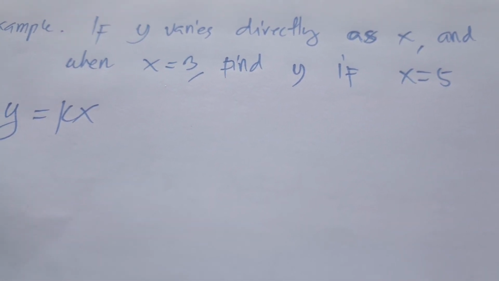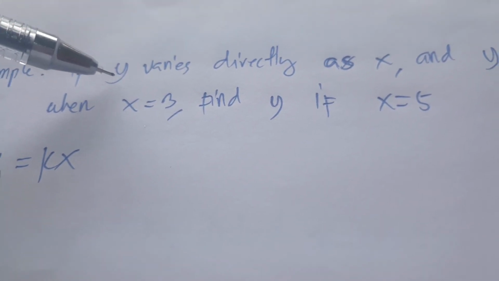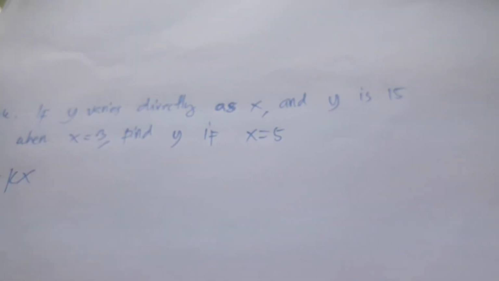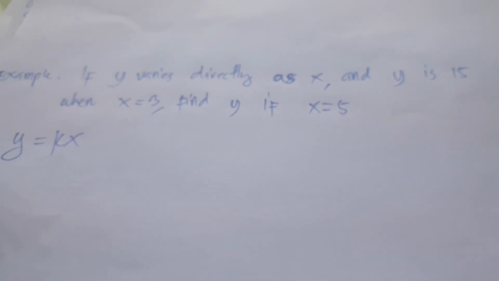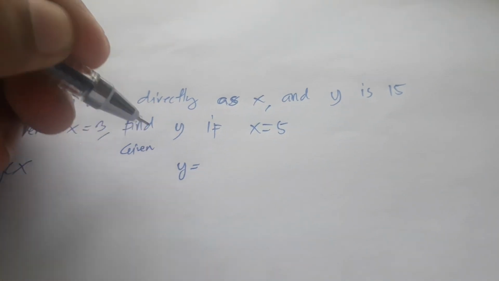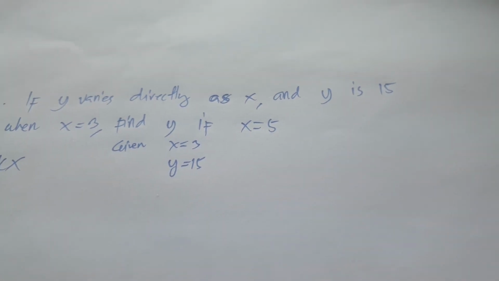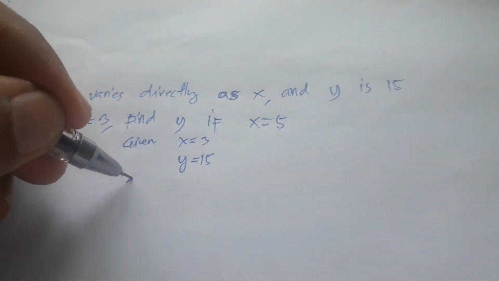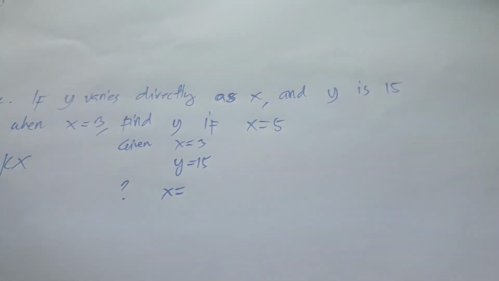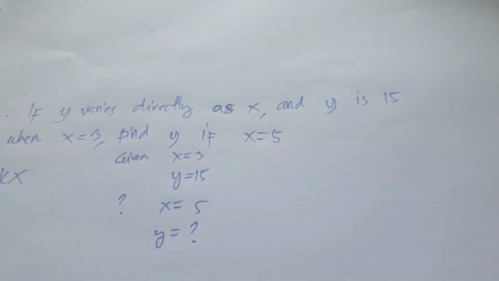In the statement, we are using x and y from the example because we have y and x. So it's easy. What are the givens? Y is 15 when x equals 3. What is required? If x is equal to 5, what is the value of y?